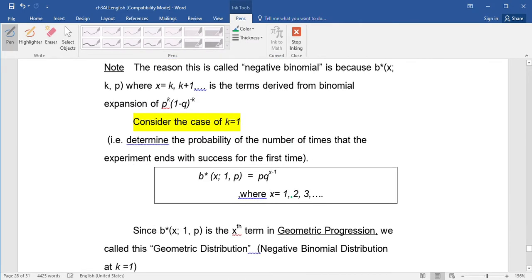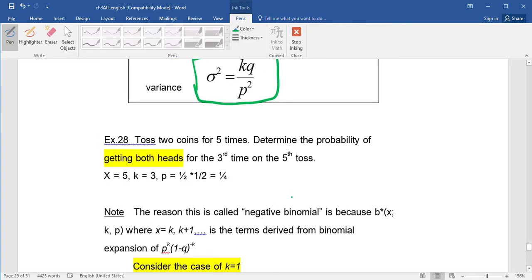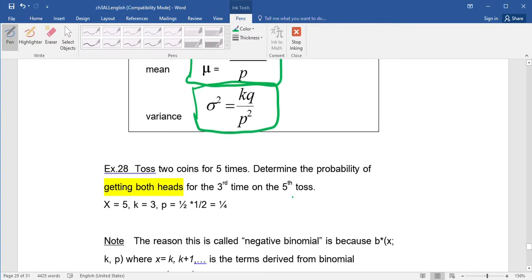Like in here: toss 2 coins for 5 times. Determine the probability of getting both heads for the 3rd time on the 5th toss. This is a negative binomial experiment, because we want to find the chance of getting success. Success means getting both heads.